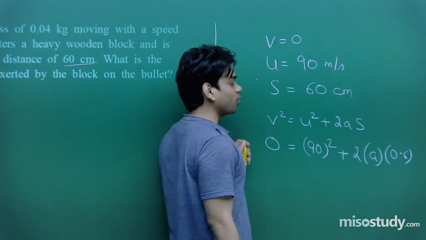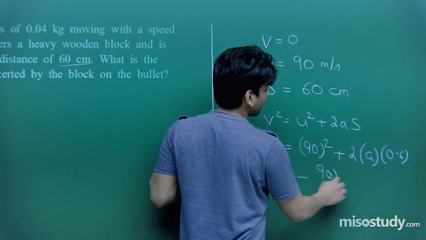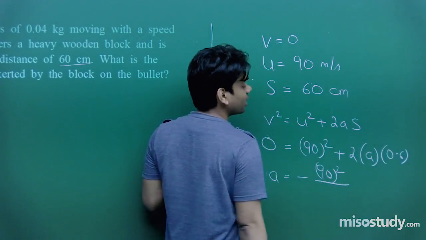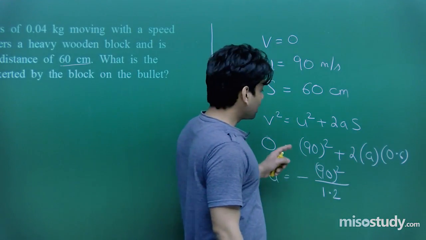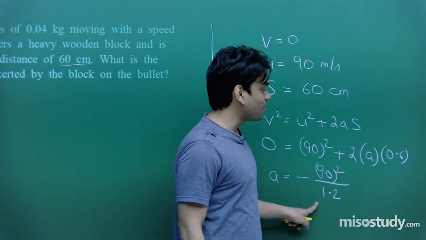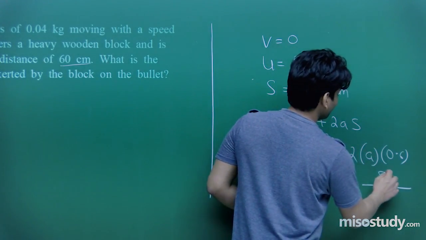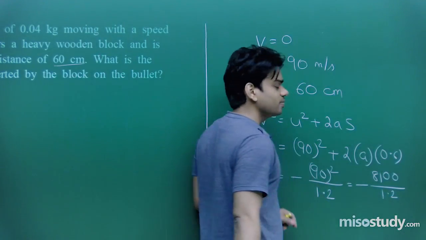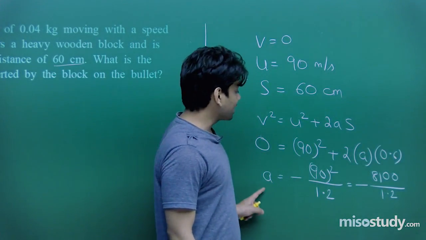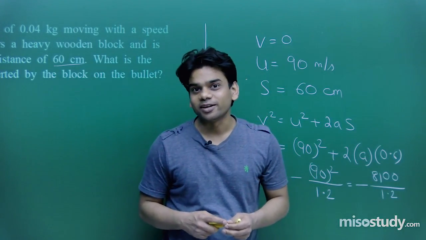So A will turn out to be minus of 90 whole square divided by 2 into 0.6, that is 1.2. If we open this, we are going to get minus 8100 divided by 1.2. So acceleration is negative of 8100 divided by 1.2. This is the acceleration that we are obtaining.